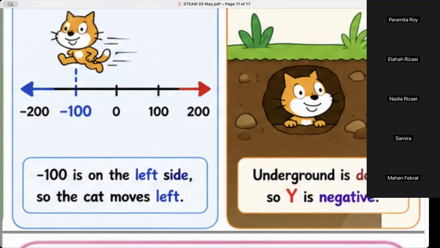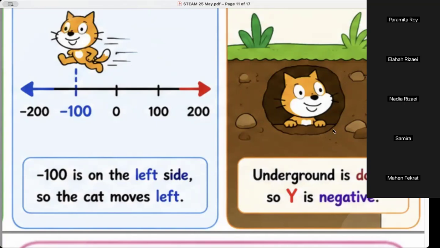Okay, let's look at the vertical line now. Anything going upwards from 0 is positive. Okay? Anything going downwards from 0 is negative. So, let's imagine here the 0 is, and this little cave for this sprite is going downwards.